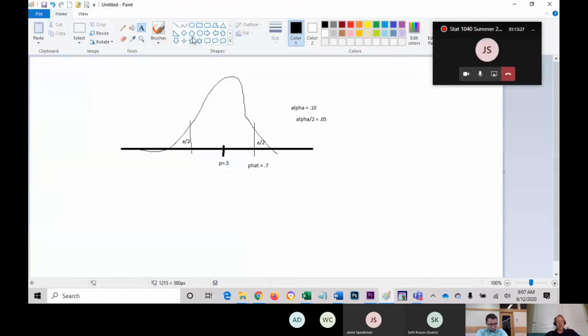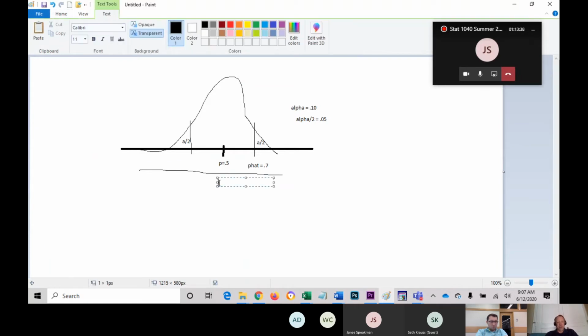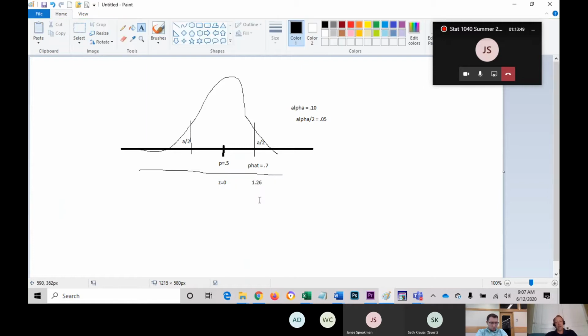So what this is telling me, let me draw another line here. I've just converted, when I use my z-score equation, my z, this is going to be z equals 0, and now my p hat corresponds to 1.26 standard deviations away.